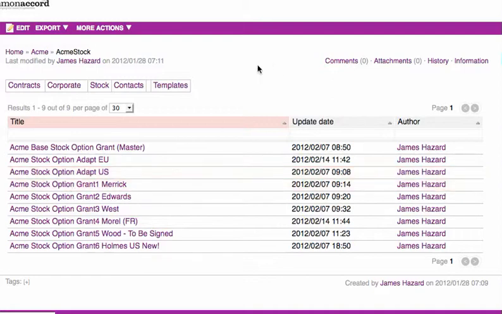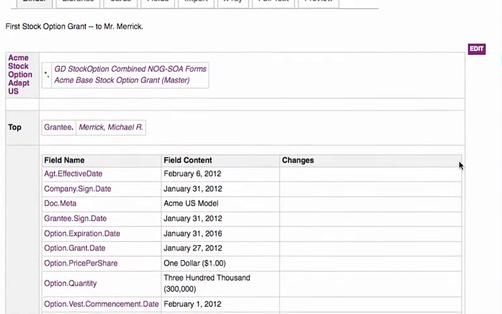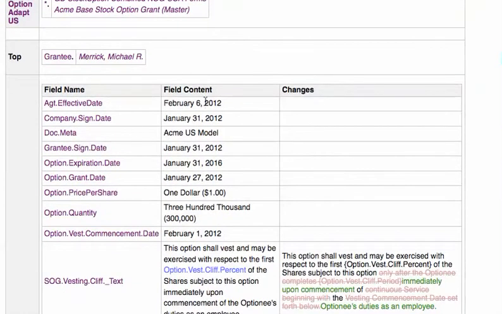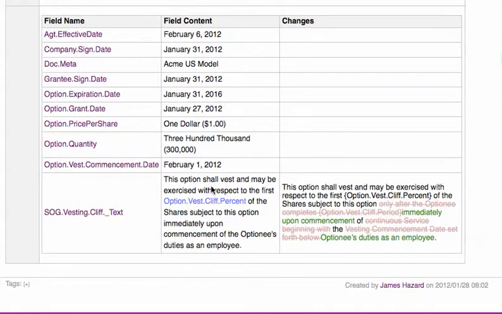And he goes to Merrick, who is the founder. Merrick has obviously the dates and all of that and the quantities, and Merrick has got the basic deal except that there's something regarding the cliff period here, which is different than the standard that's provided to everybody else in the company.